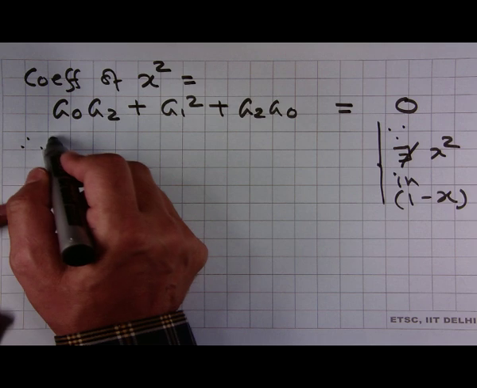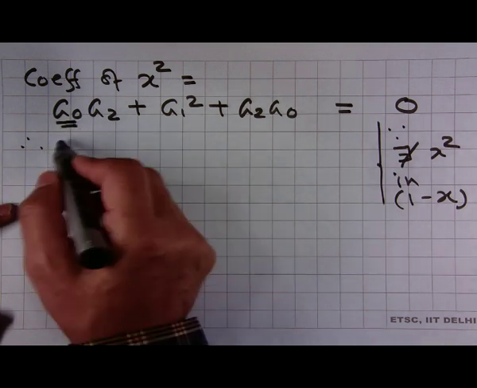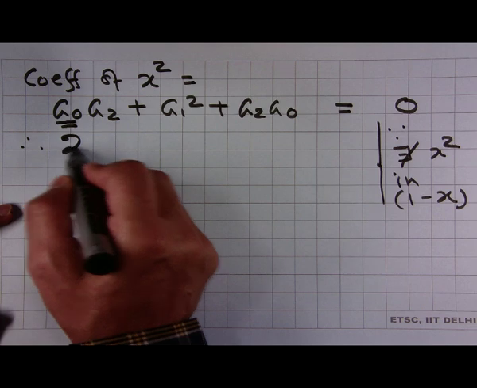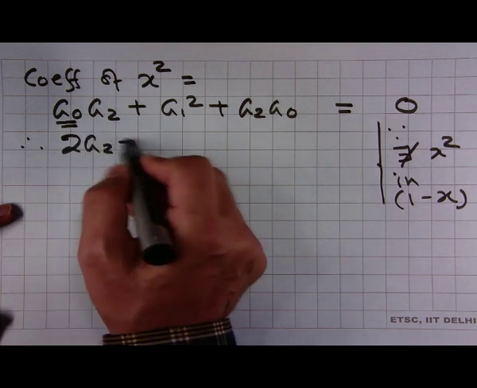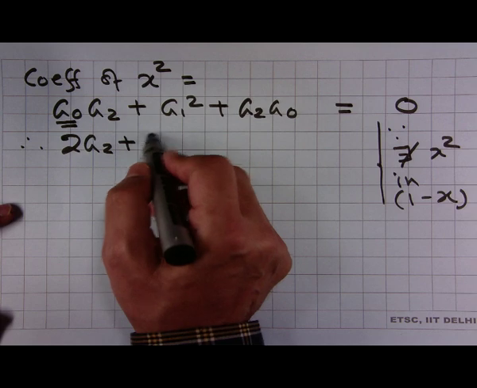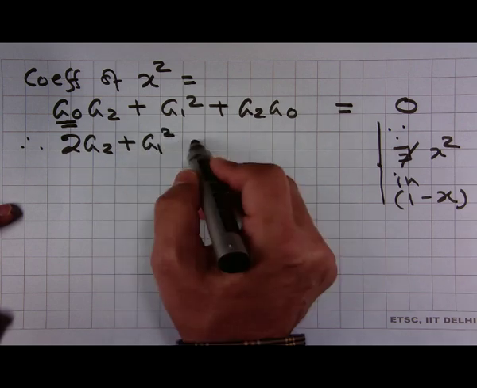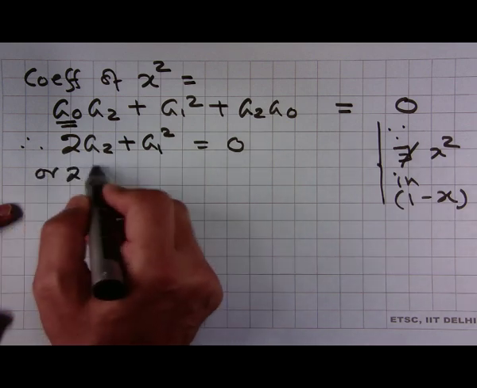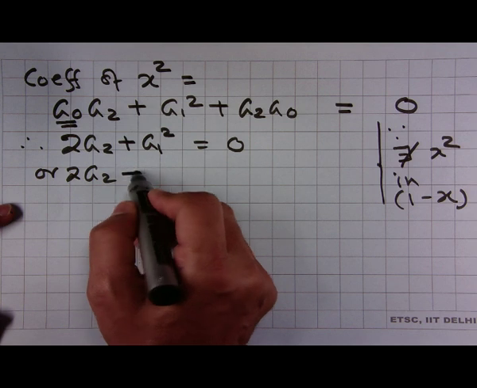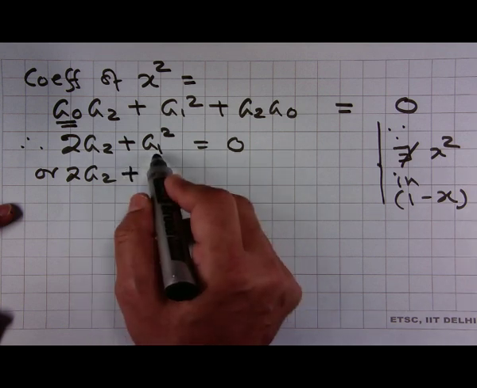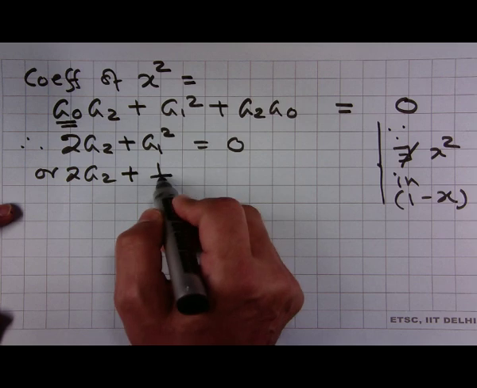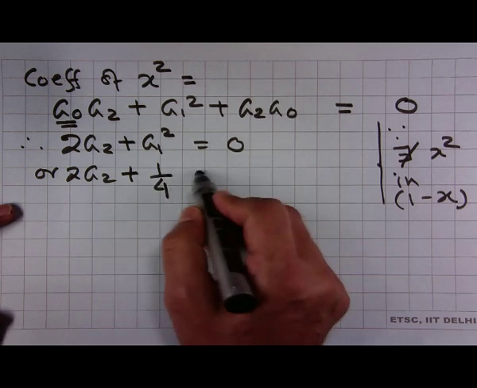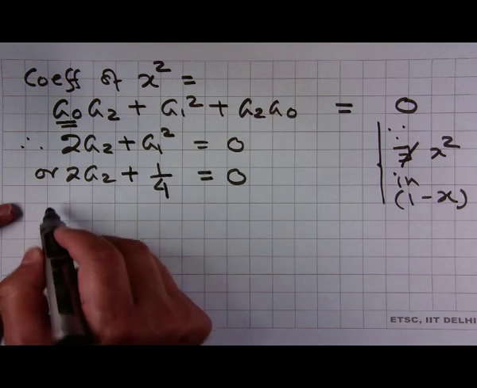Therefore, a0 is equal to 1, we have already got. Therefore, 2 a2 plus a1 square is equal to 0, or 2 a2 plus a1 square, which is 1 by 4, is equal to 0.